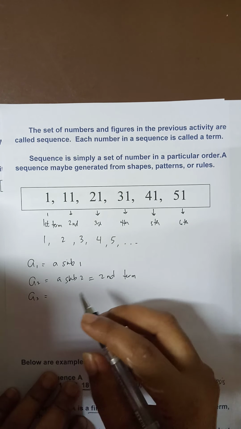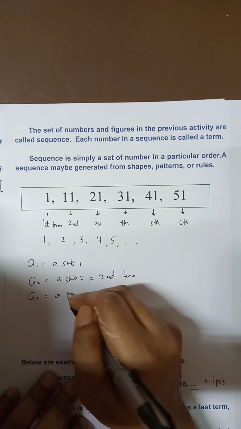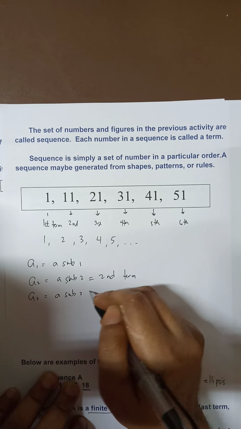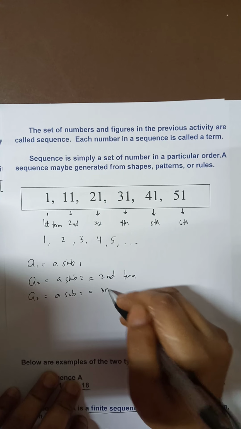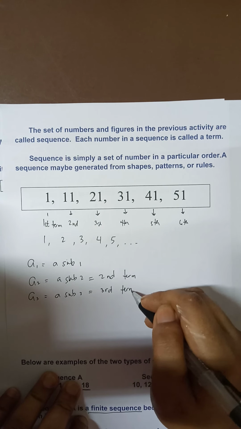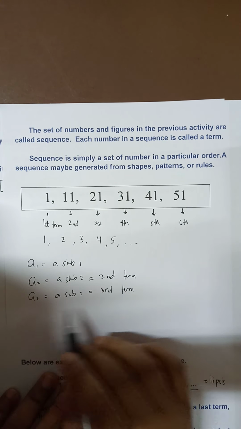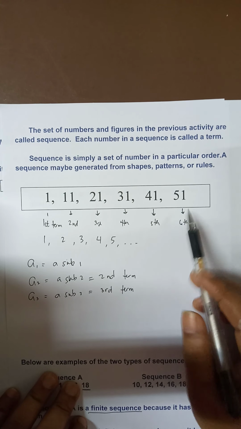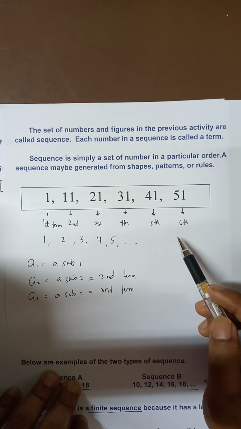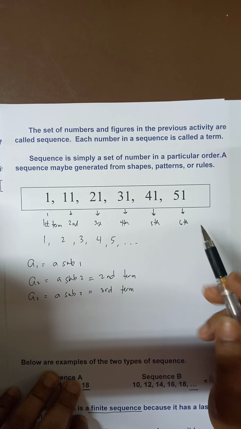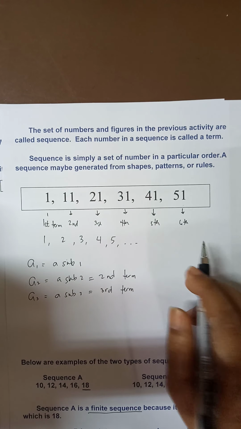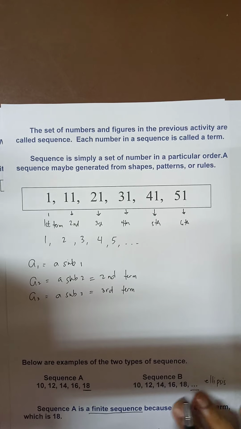A sub 3 can be read as a sub 3, which is the third term of the sequence. A sub 4 for the fourth term, a sub 5 for the fifth term, a sub 6 for the sixth term, and so on and so forth.